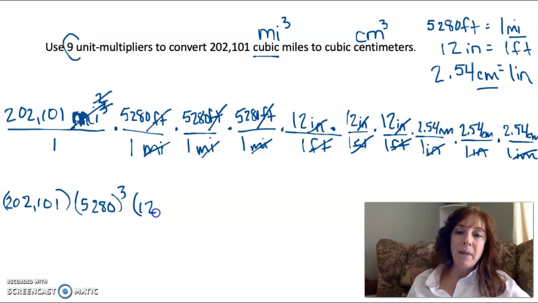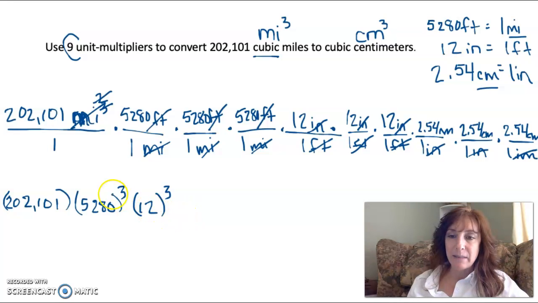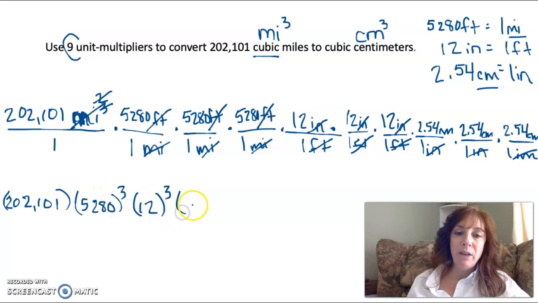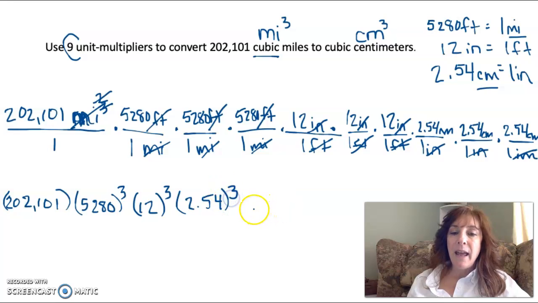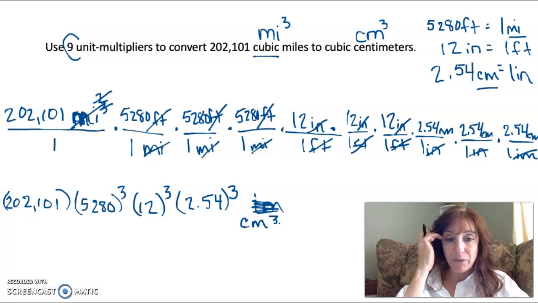I can write my 12, and that's written 3 times to multiply, so I can use an exponent. And then 2.54 is multiplied 3 times. And the inches cubed, that's wrong. The centimeters cubed is what my units are left over.